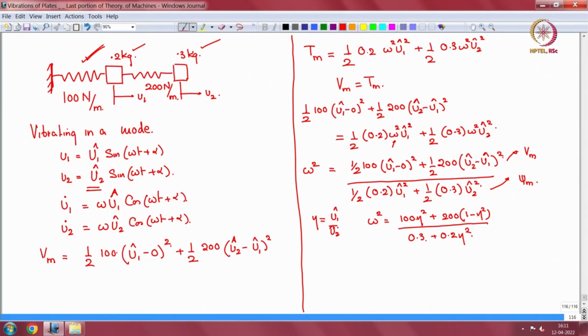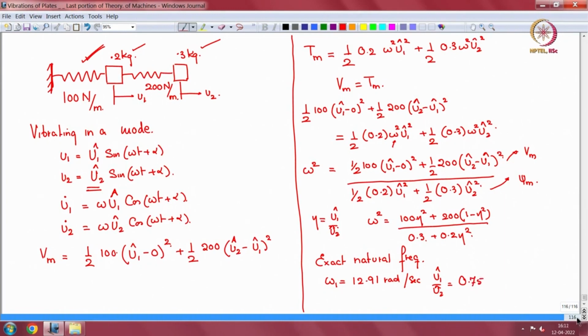Okay. Now if we find out separately the exact natural frequencies, then omega 1 is 12.91 radians per second, and correspondingly the u1 hat by u2 hat is equal to 0.75.